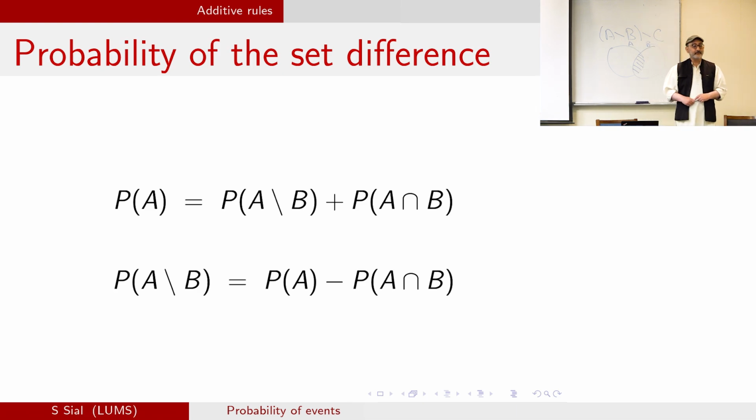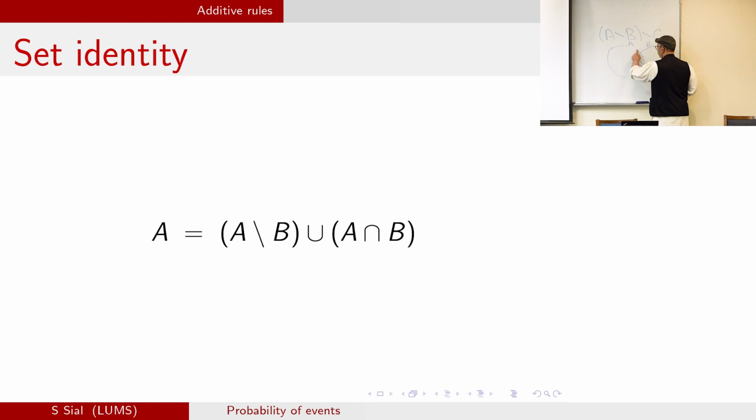And now, let's suppose we were interested in the probability of A minus B. Then that's the probability of A minus the probability of the intersection of A with B. Once again, if I want the probability of A, I can take the probability of A, the unshaded part, that's A minus B, and then I have to add in the probability contributed by the shaded part, which is A intersection B. So the probability of A is the probability of A minus B plus the probability of A intersection B. That's what we're saying.